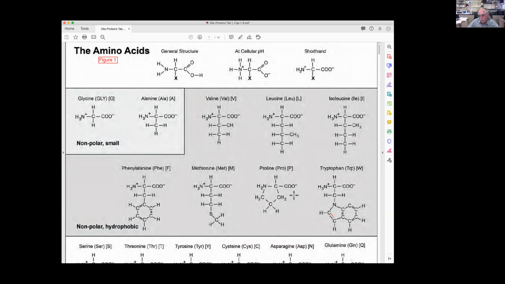Then tryptophan has this aromatic ring on here. And I had to add that double bond right there because they made a mistake there. If you look at requirements to be aromatic, we usually go by the Huckel rule.